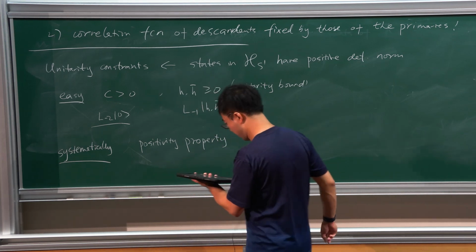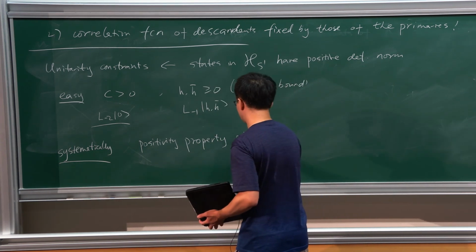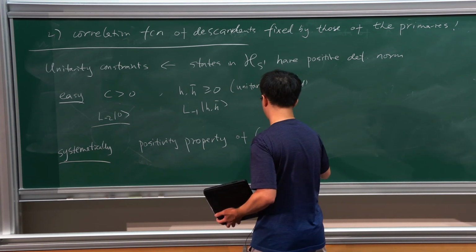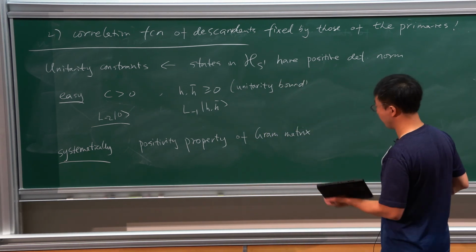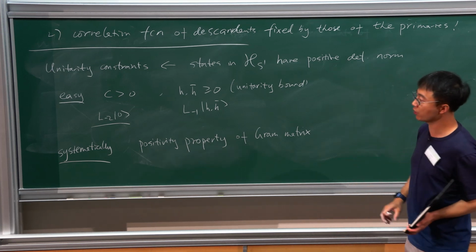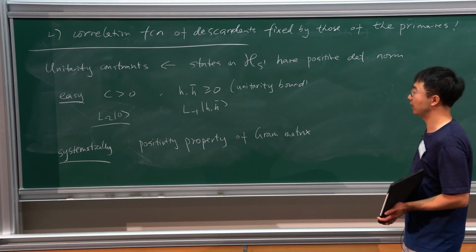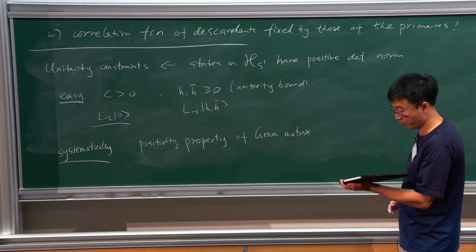They can be analyzed systematically in terms of what's known as the Gram matrix, which is nothing but the matrix that captures the inner products with various levels of descendants of the primary lowest weight state.